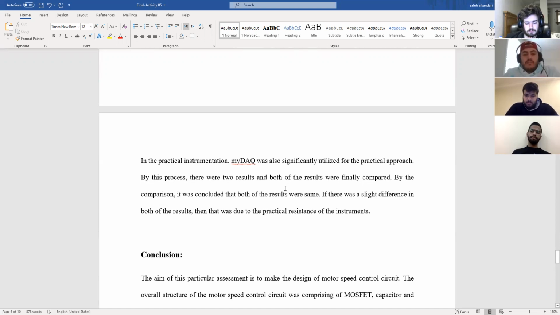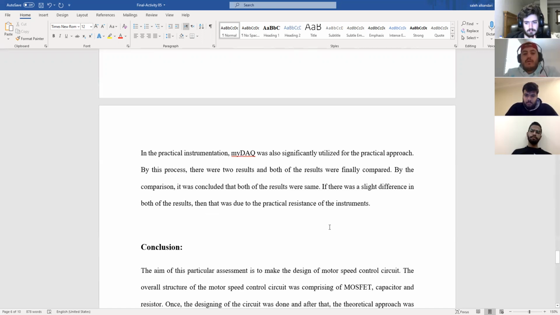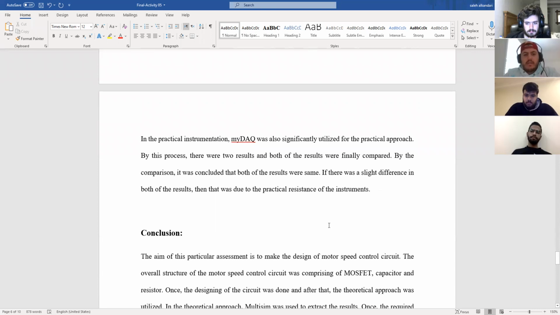By this process, there were two results, and both were finally compared. By the comparison, it was concluded that both results were the same. If there was a slight difference in the results, it was due to the particular resistance of the instrument.